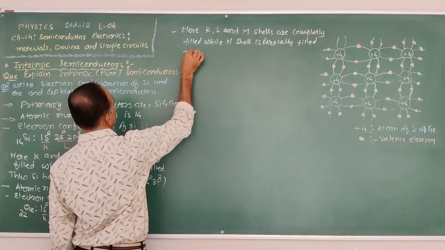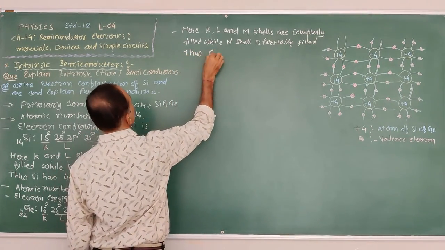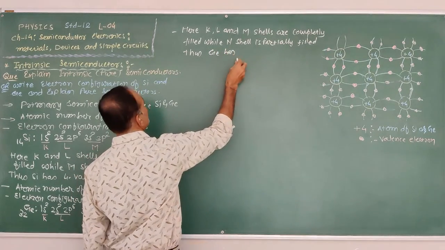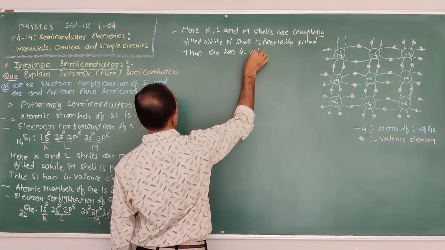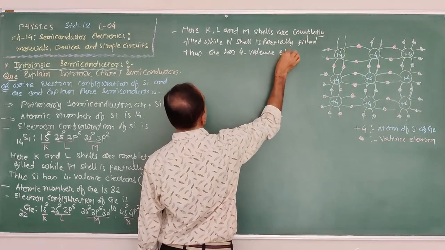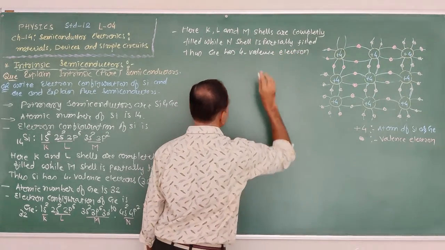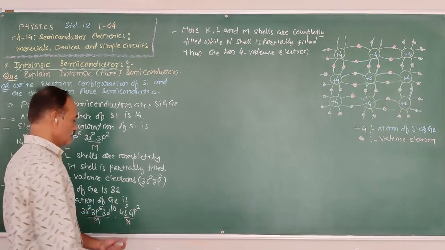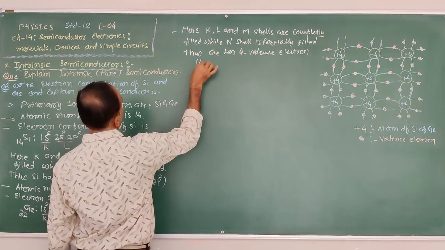Thus, germanium has 4 valence electrons corresponding to the 4s2, 4p2.